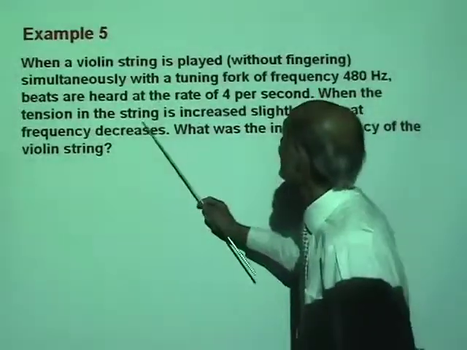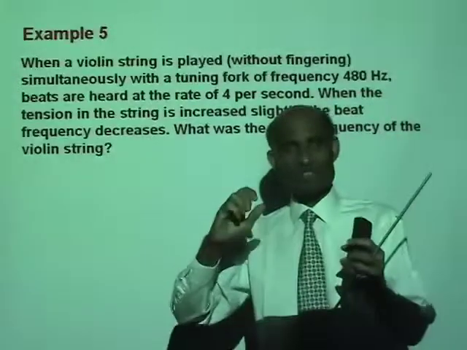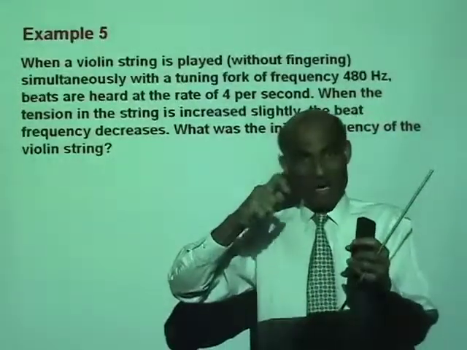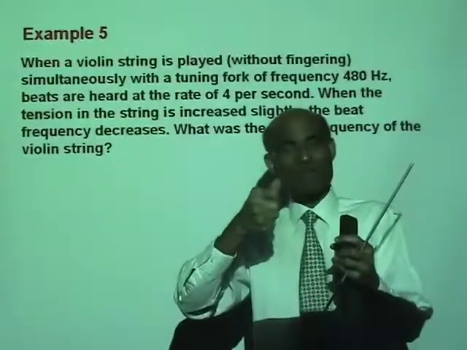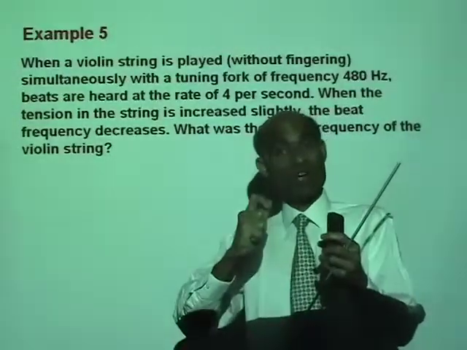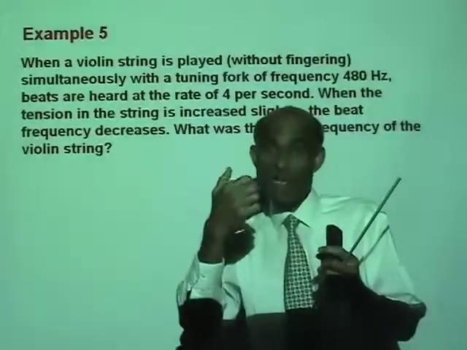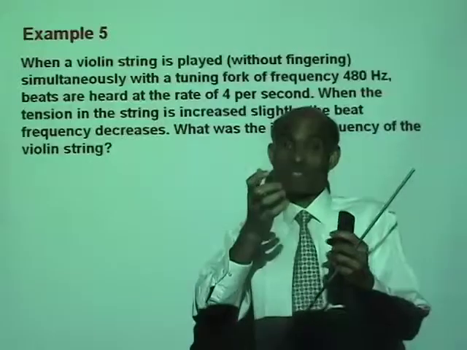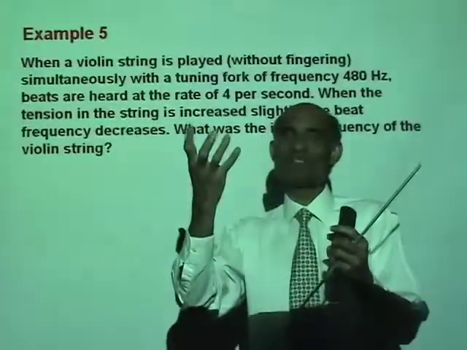When the tension in the string is increased slightly, you know how to increase the tension on a string? By tightening it. This is how you tune the violin or guitar wire. You can use a tuning fork and listen to the beats and change the tension until the beats disappear.